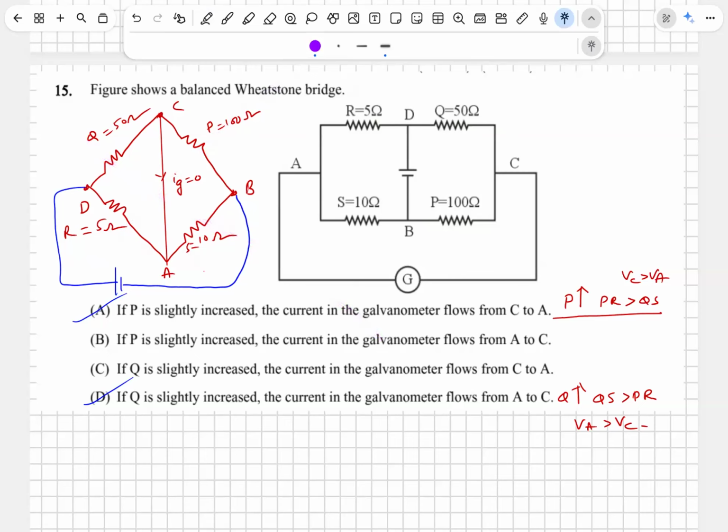If this diagonal product is higher, the downside becomes more potential. If this diagonal product is higher, then the top side becomes high potential. Yesterday I've done this in my class. I just want to give you clarity again.